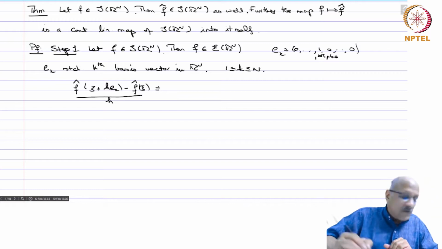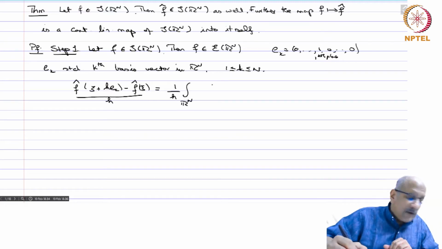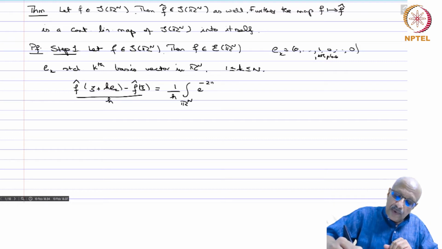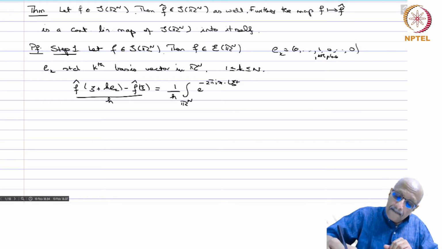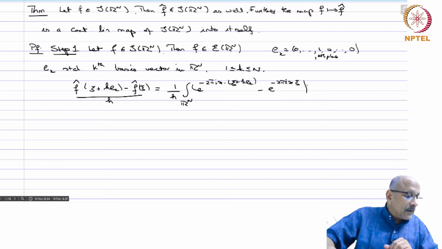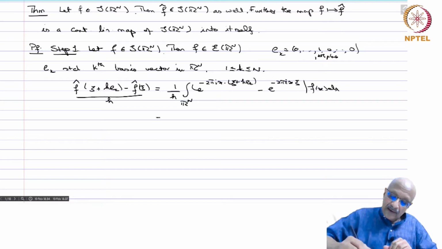So we want to first find out what this quotient is. This is equal to 1 over h integral over Rn of [e power minus 2 pi i x dot (xi plus h ek) minus e power minus 2 pi i x dot xi] multiplied by f of x dx. And that is equal to, we apply the mean value theorem to this differentiable function.